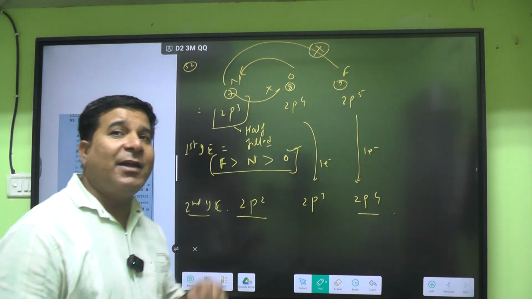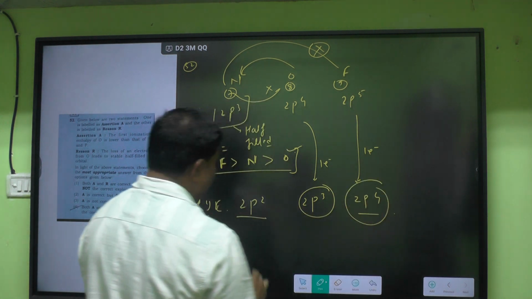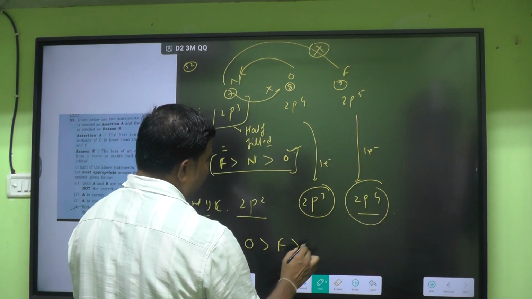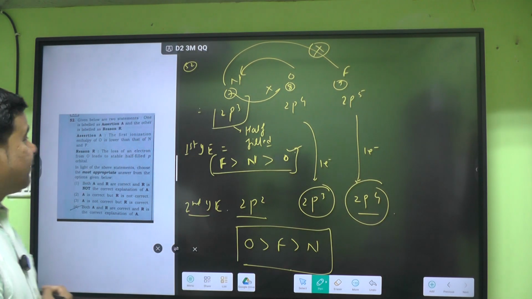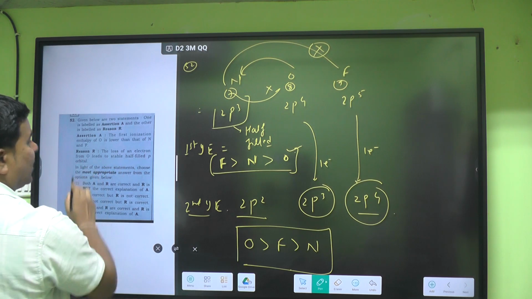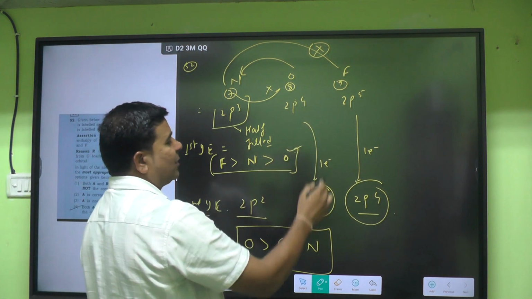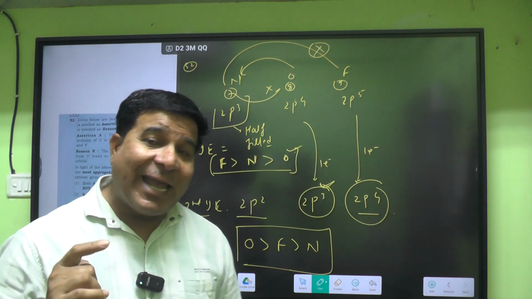That's why the second ionization enthalpy of oxygen is greater than fluorine's. The order is oxygen, then fluorine, then nitrogen. So the loss of an electron from oxygen leads to a half-filled p orbital; that is correct. So both statements are correct, but the reason is not the correct explanation.